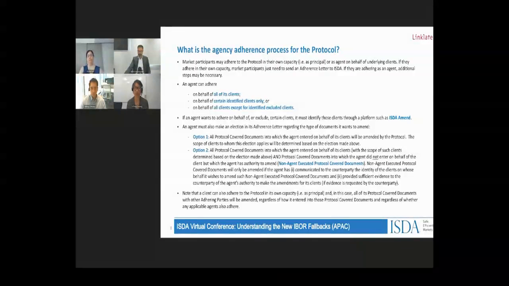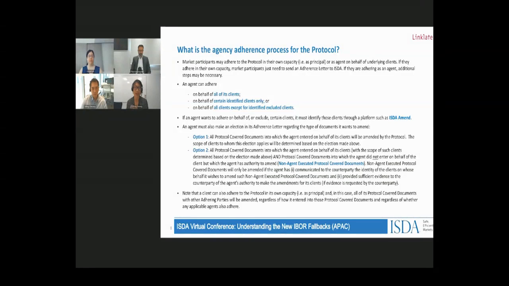However, if you don't want to adhere on behalf of all your clients, but only a certain selected batch of clients, there are two options open for you. You can either adhere on behalf of certain identified clients only. So you would have to say who those clients are as part of your adherence process, or you would want to adhere for all your clients, but carve a certain bunch of clients out. So again, you would have to, as part of your adherence process, notify ISDA as to which clients you want to carve out of your adherence process.